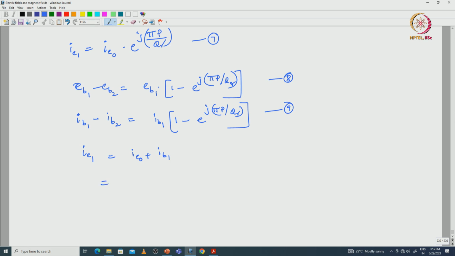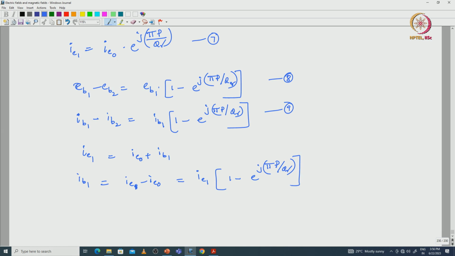Here IB1 is equal to IE1 minus IE naught, that is equal to IE1, the current in end ring 1, into 1 minus e power j pi into p by qr.